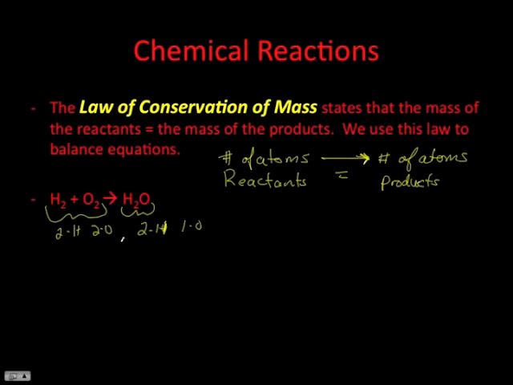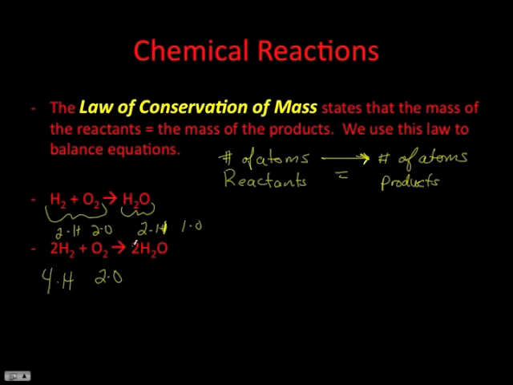So what has to happen is there has to be more of one of the 2 molecules. You'll see the correctly balanced equation for the formation of a water molecule would be 2 H2 molecules plus 1 O2 molecule yields 2 water molecules. If you counted them up, you'd find that there's 4 hydrogen and 2 oxygen here.